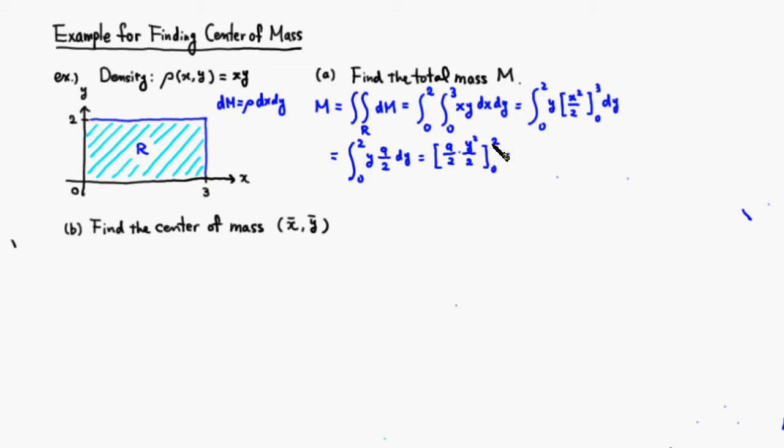If you plug in 2, 2 squared is 4, the 2s cancel out, and you just get 9. So 9 is the total mass.